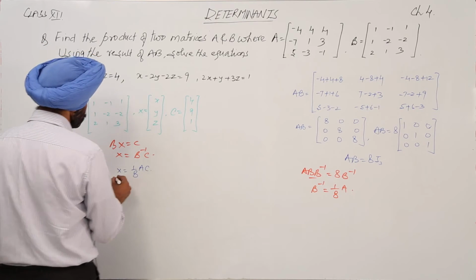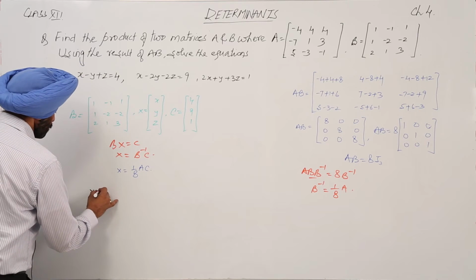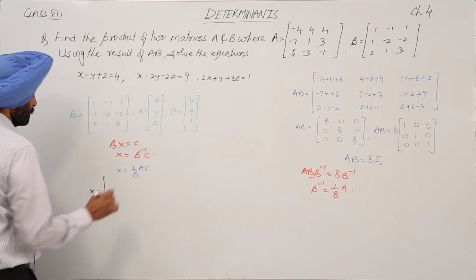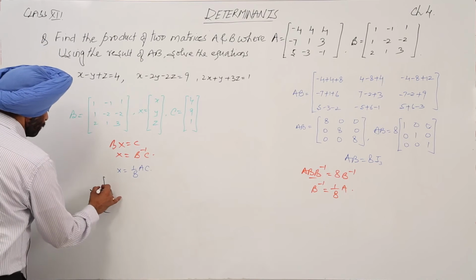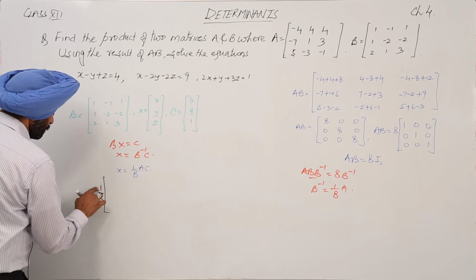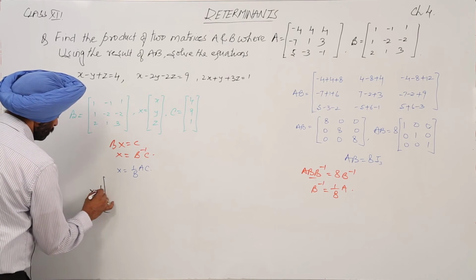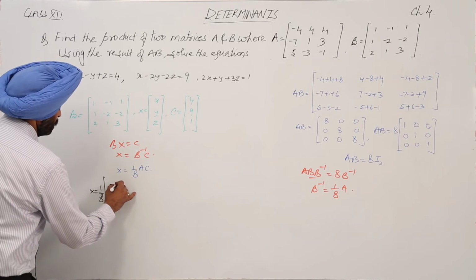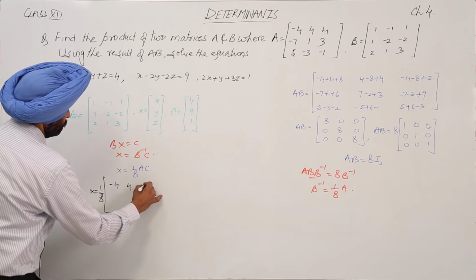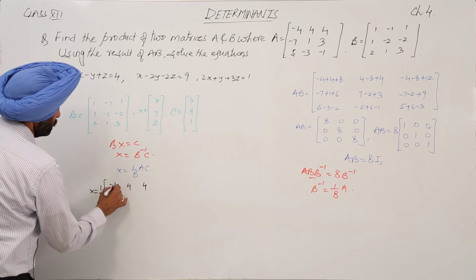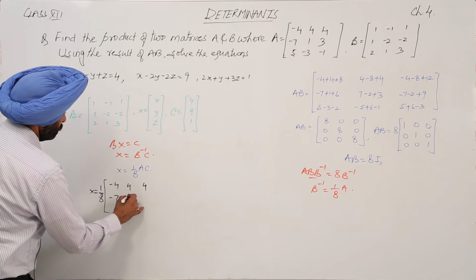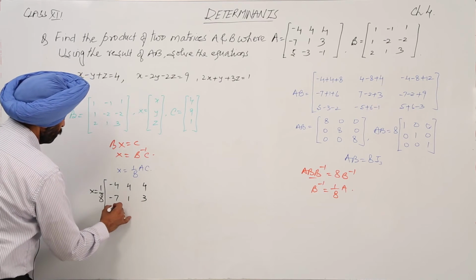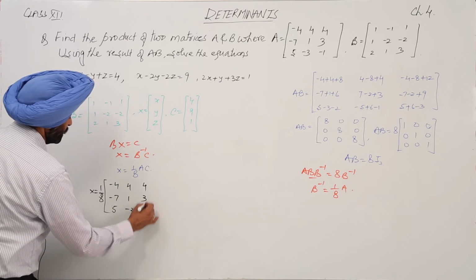Okay. Now we are having x is equal to 1 upon 8 with A. Now A is what? Minus 4, 4, 4. Then minus 7, 1, 3, 5, minus 3, minus 1.